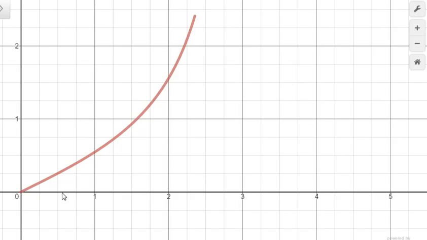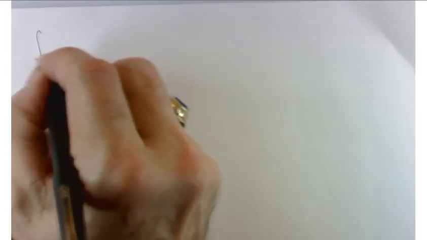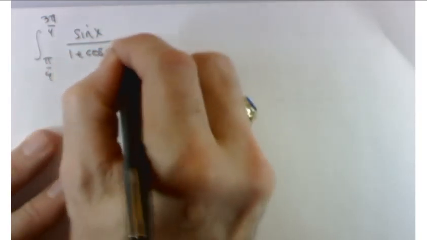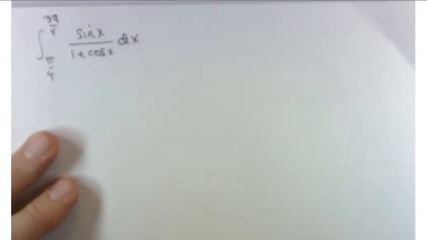So let's do that. Get back over here. Now go from pi over 4 to 3 pi over 4 sine of x over 1 plus cosine of x dx.